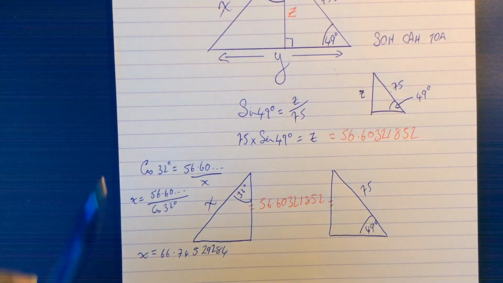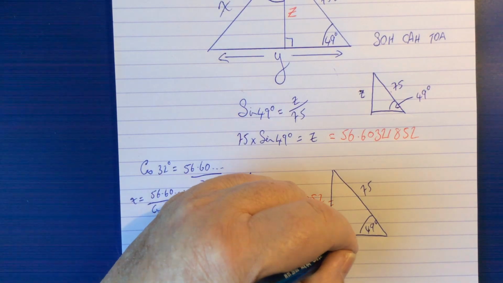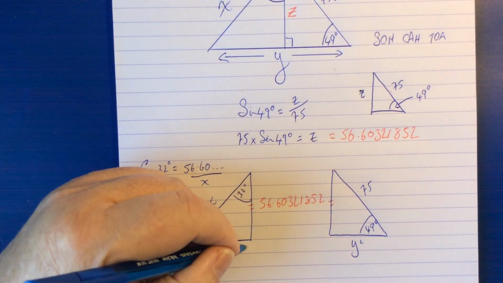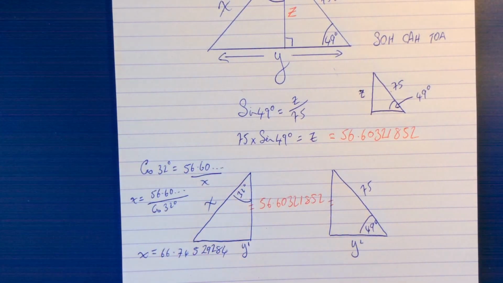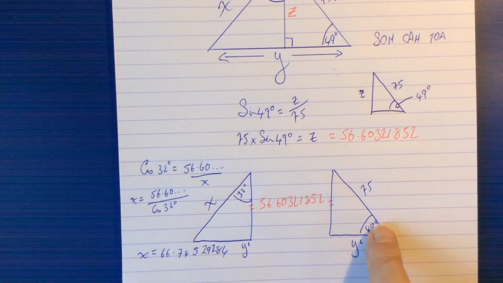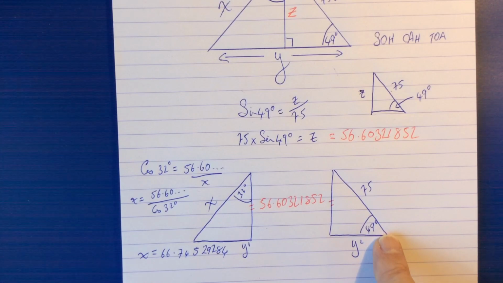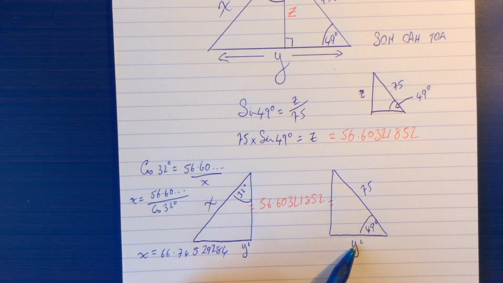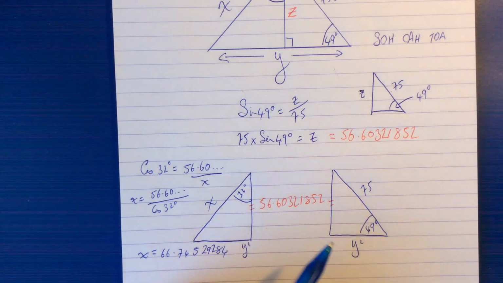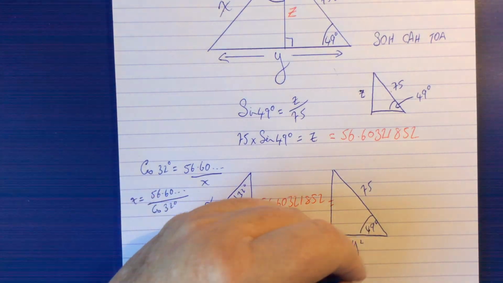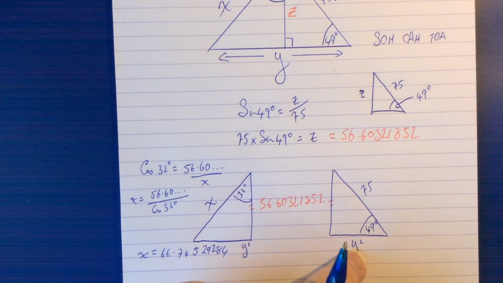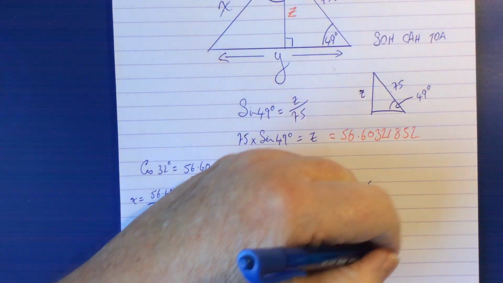So what we're looking for, we'll call this y2 and we'll call this y1, and we'll combine them in a minute. So finding y2, we're looking for this length, we have this length. So we have the adjacent and we have the hypotenuse.